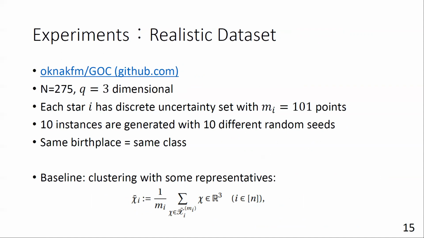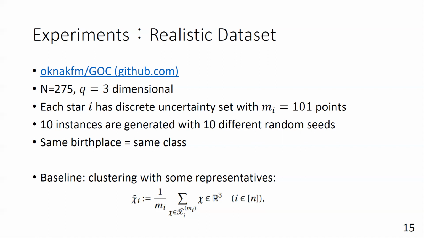In each instance, there are 275 stars, and they have three-dimensional orbital action features that are already preprocessed nonlinearly. And each star has an uncertainty set that is represented by 101 discrete points. And these stars are generated by numerical simulation. So if stars have the same birthplace, they have the same class label. I mean, the class labels can be used to evaluate the clustering results.